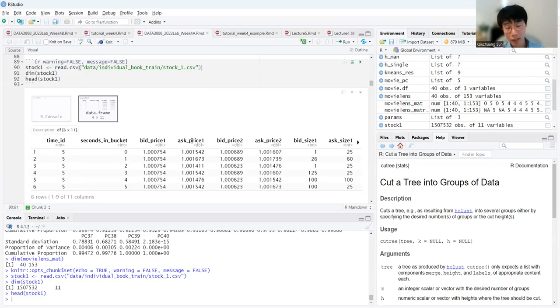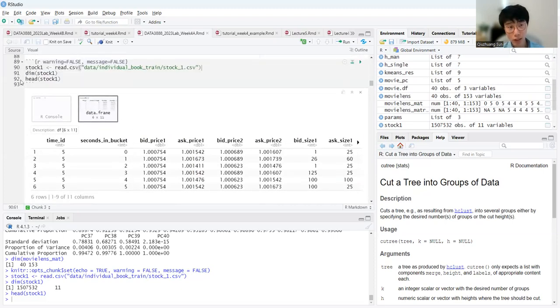Again, time IDs are not necessarily sequential, but time IDs are identical across different stocks. This could enable you to jointly analyze different stocks within the same time ID, so that you can improve the accuracy of the prediction.